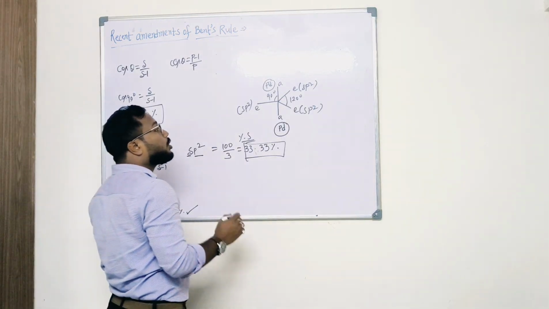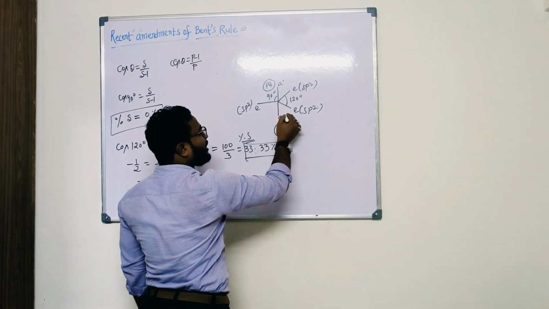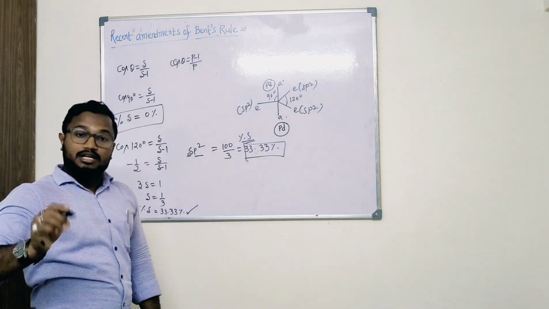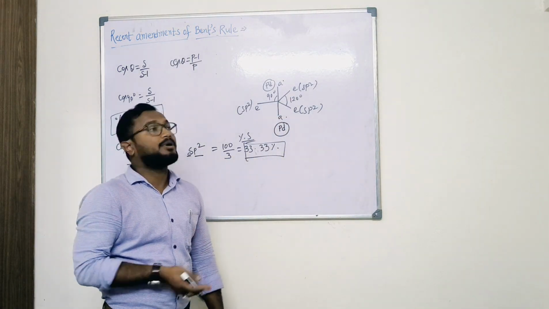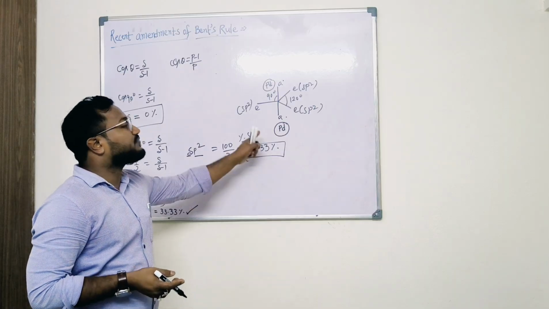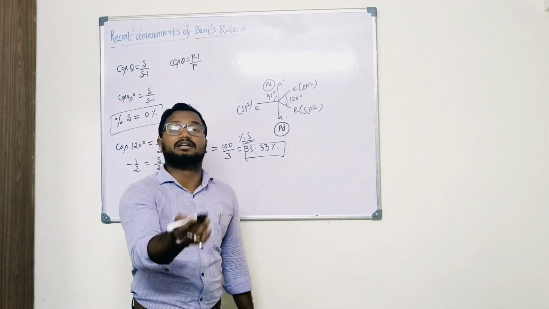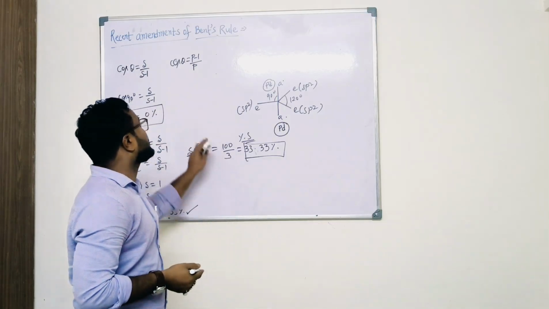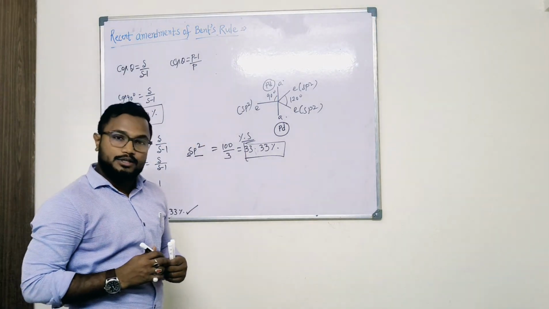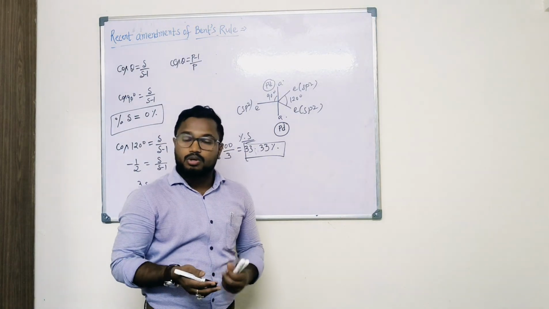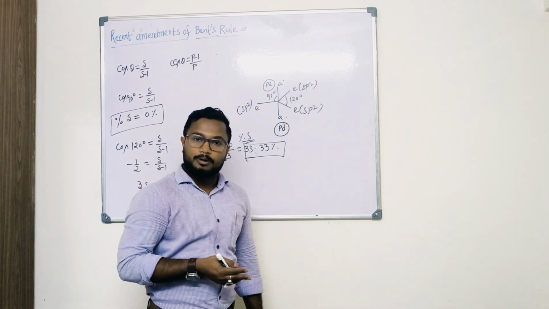That's why more electronegative elements are placed in axial position. That's why recent amendments of Bent's rule tell that if any element is more electronegative, their percent p character is more. So this is the concept of Bent's rule, modified Bent's rule and recent amendments of Bent's rule.